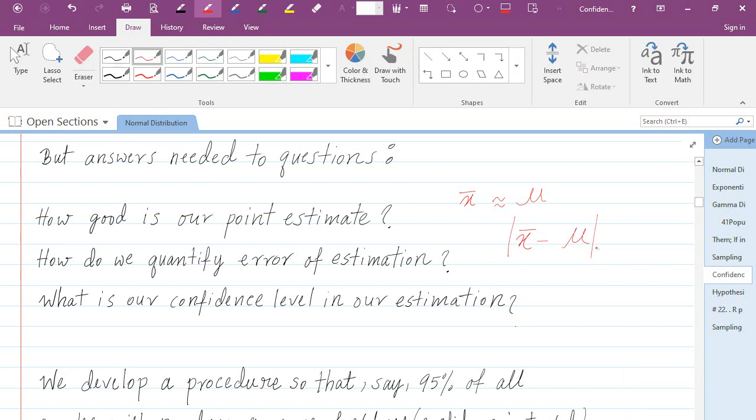So this is the error. Now we won't be able to say anything deterministic about this error, and so the question then is, can we say something probabilistic about the error of estimation? That would be our focus.